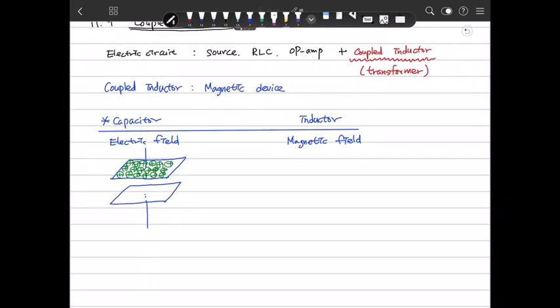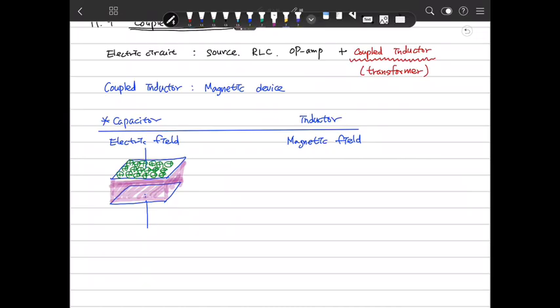In between two plates, there is no current path and there is no conductor. They are filled with non-conducting materials, so there is no current path here.